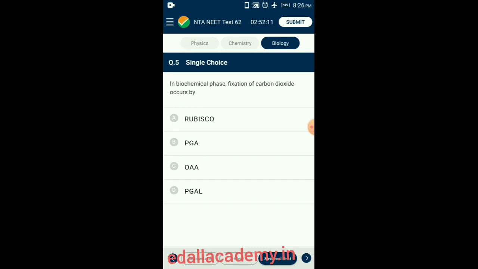This compound is converted into 3-carbon molecules of PGA. The capturing of carbon dioxide is called carbon fixation because it fixes gaseous carbon dioxide into a relatively stable organic molecule, PGA. So the answer is option A, Rubisco.